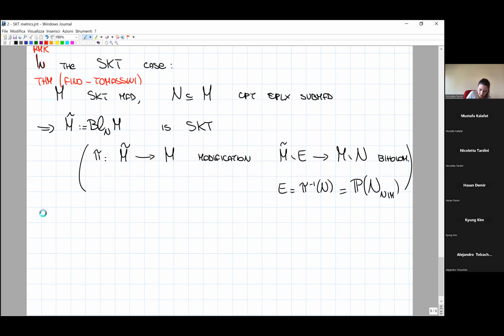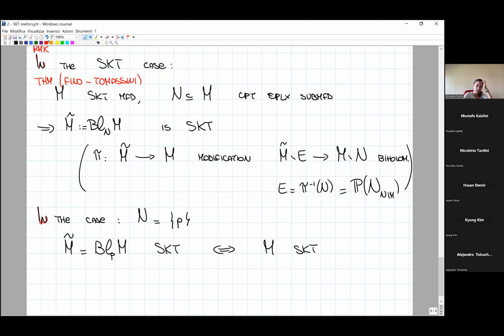And in the particular case where N is just a point, M tilde, the blow-up of M at a point, is SKT if and only if M is SKT. And this is again a result of Fino–Tomassini.